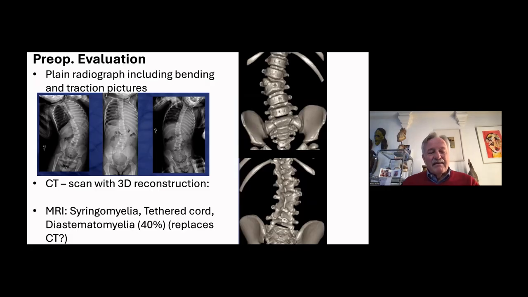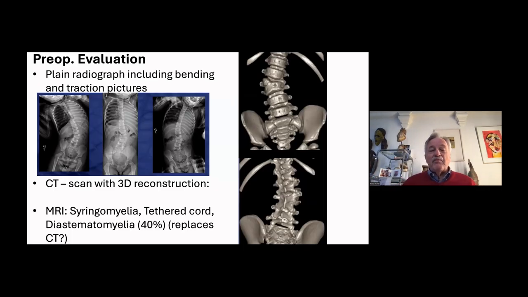And today there is a debate whether you don't need any more CT scans, because of course this is irradiation, and whether you can do that all with the MRI, and because you need an MRI to exclude intraspinal pathology like syringomyelia, tethered cord, hematomyelia, and so on.